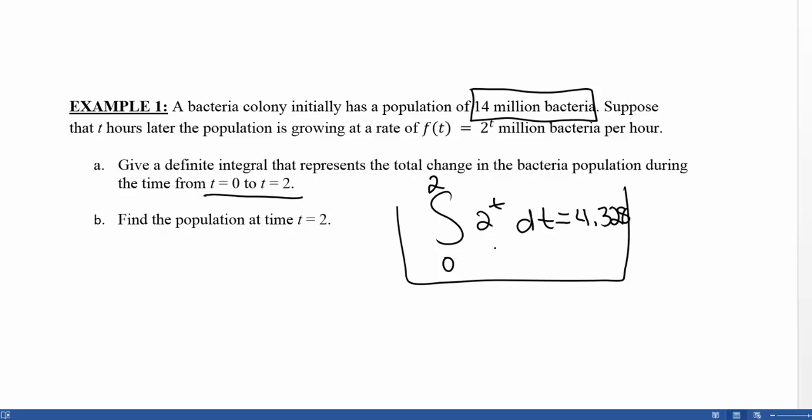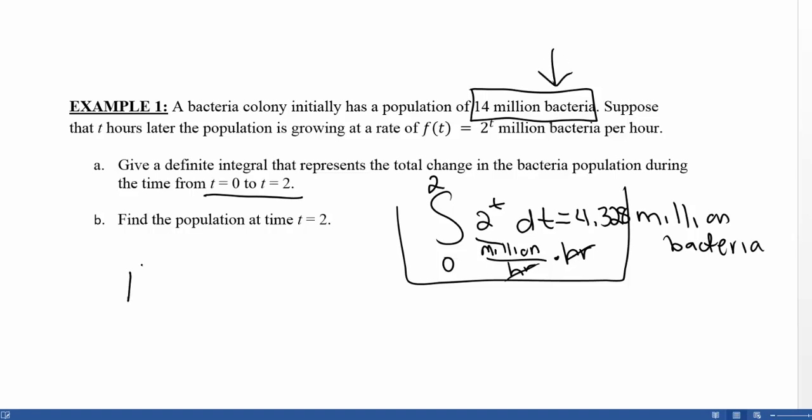Let's make sure the units match up before we add those together. So 2 to the t was in million bacteria per hour, and time was going to be in hours. So the hours units would cancel, and so this 4.328 does represent million bacteria. So we don't have to do any conversions to add it to our initial amount.